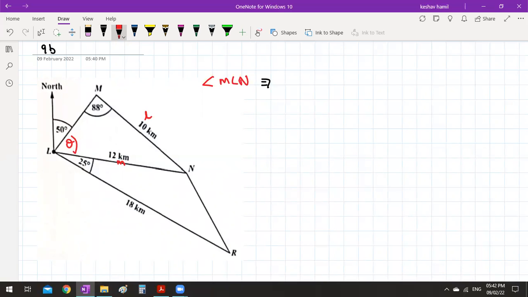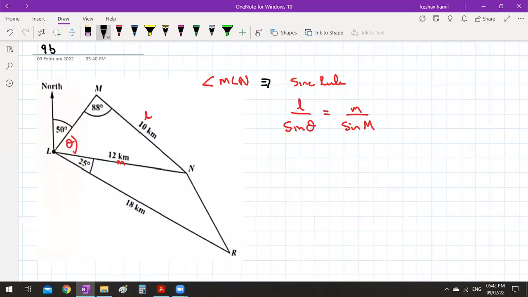So that means using the sine rule, we could come up with the formula small l over sine theta, which is this angle here, is equal to small m over sine capital M.